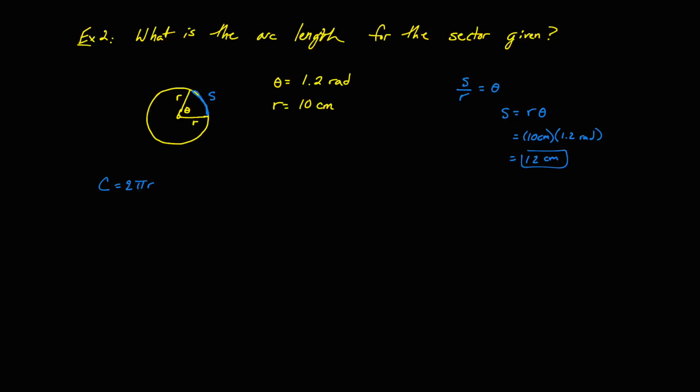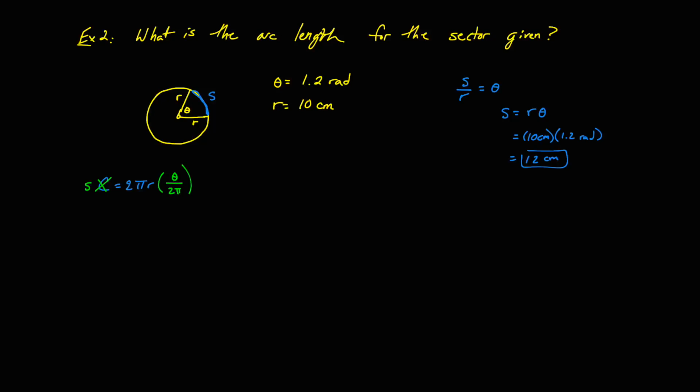So what I'm going to do instead is multiply my circumference, my perimeter, by the ratio of theta over 2 pi. Just to help you out, 2 pi is one full rotation about an origin.